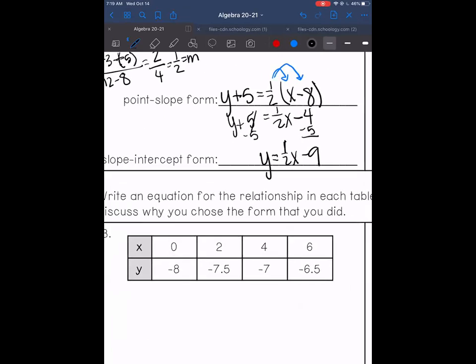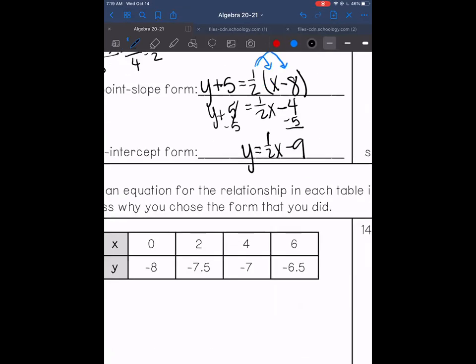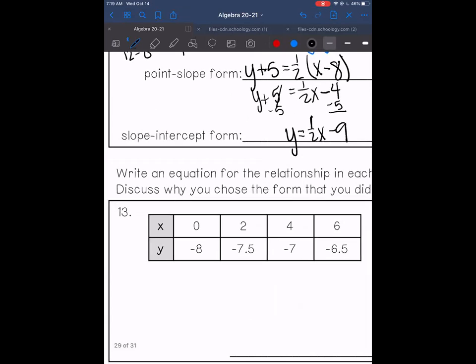Okay, we're allowed to write an equation in either way. Now, we've talked about when we're given a table, we can find the intercept if we look for a 0. Looking at this first table, I see an x value of 0. So that tells me I know what my intercept is. I just have to find my slope.